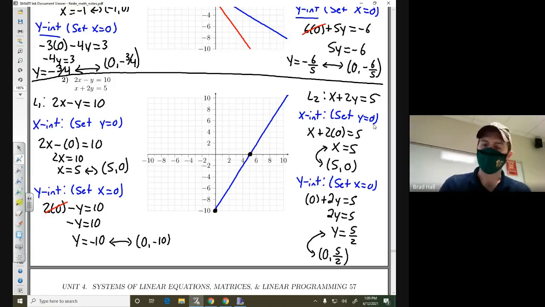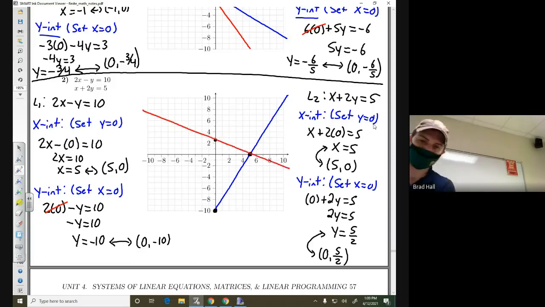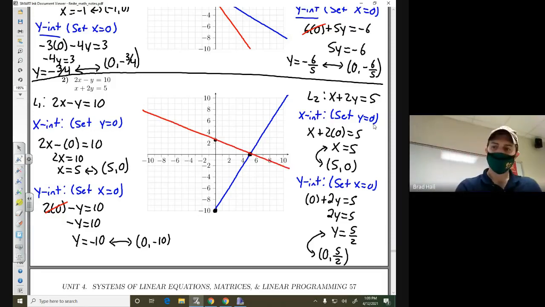So on my graph, it doesn't show the half increments. They only go by increments of 1, so we'll just have to do this in between 2 and 3, right in between 2.5. And I'll use red to connect this line. So line 1 and line 2.